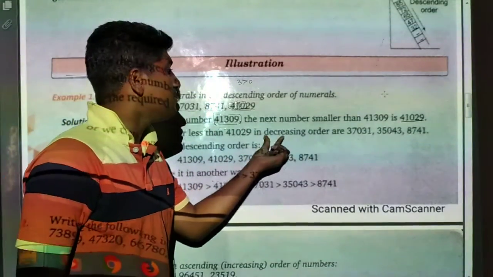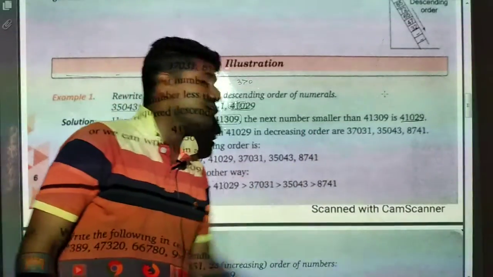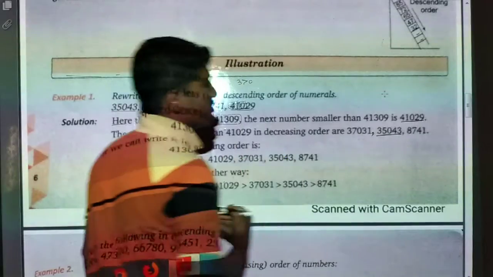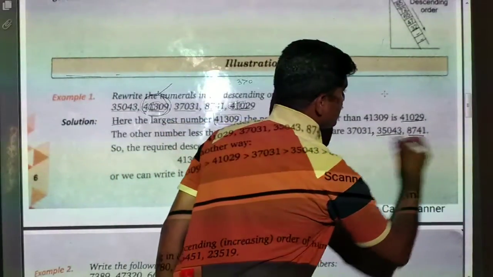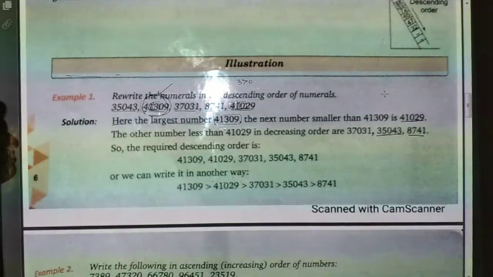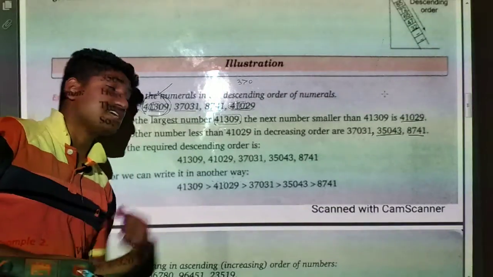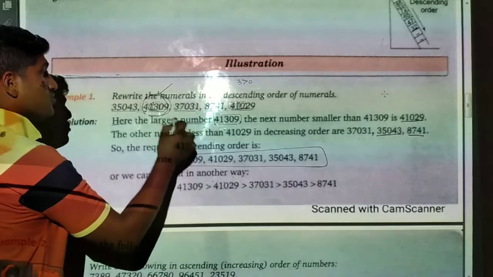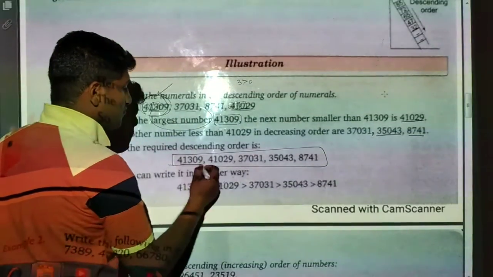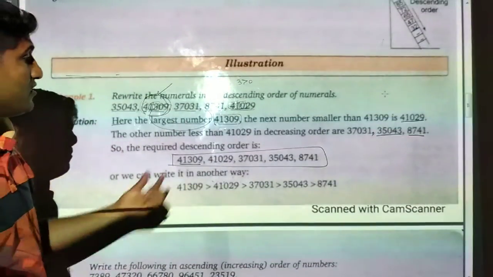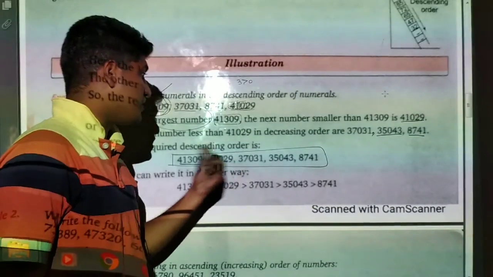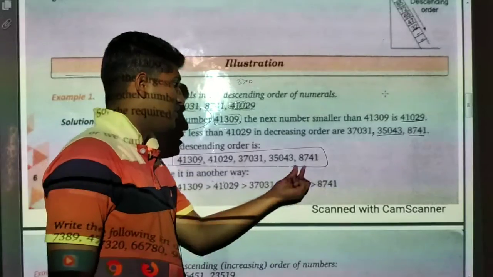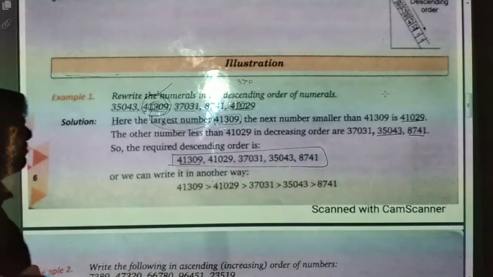In decreasing order, next is 37,031, and the next one is 35,043, and the next one is 8,741. So the required descending order is: first the largest number, that is 41,309, and next 41,029, and next 37,031, and next 35,043, and next 8,741.